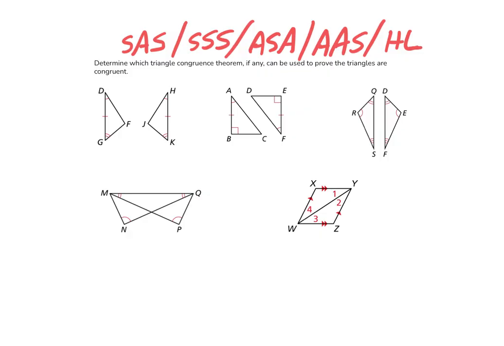So if you're going to prove it, you have to use one of those 5 things. You have to exhaust all 5 options before you say yes or no. So I want you to look at these 5 pairs and either say yes because of angle, side, or no because there's not enough information. I'll give you a couple minutes to go through that.